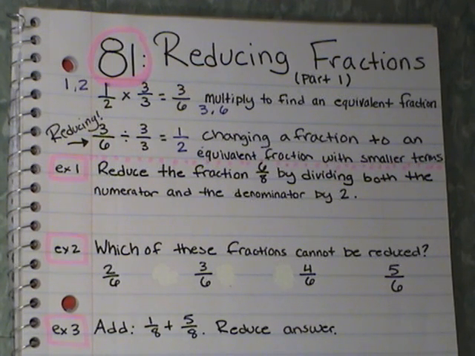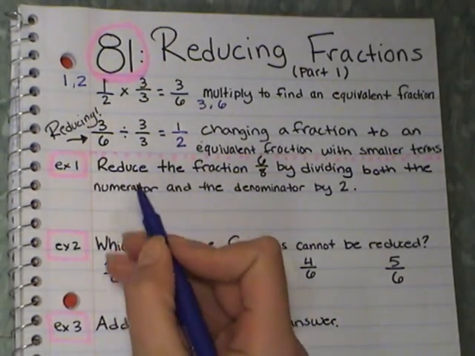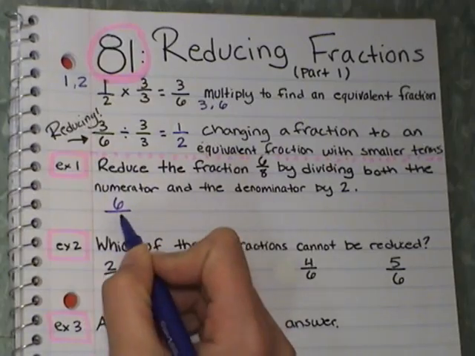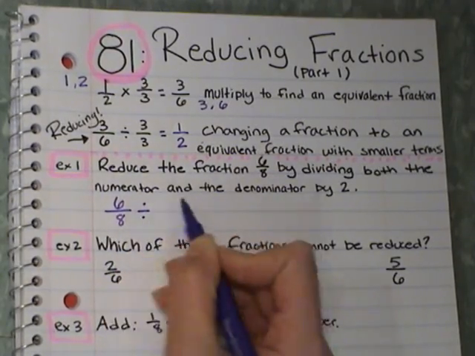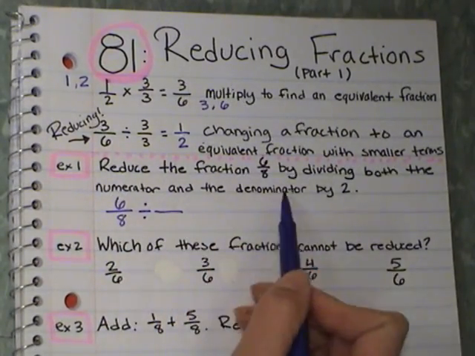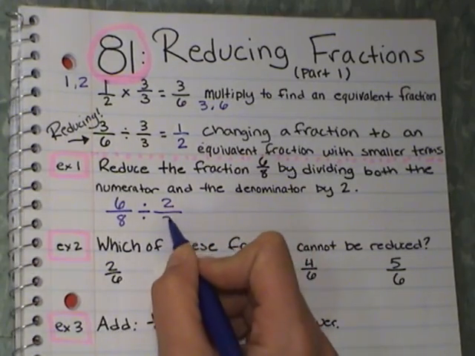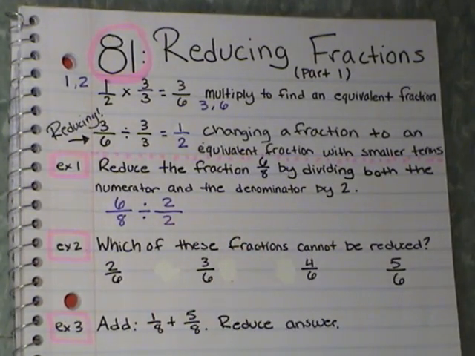Alright, so we're going to try the first example. And we can do this one together. Reduce the fraction 6/8 by dividing both the numerator and the denominator by 2. Alright, so I'm going to write my fraction 6/8. My directions say to divide the numerator and the denominator by 2, so 2 and 2. And if we notice, 2 over 2 is also equal to 1.